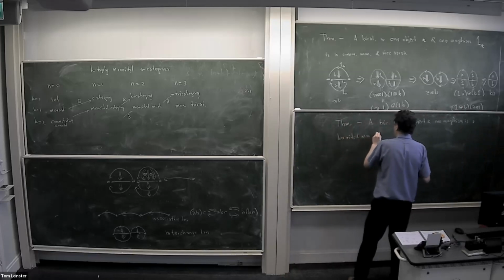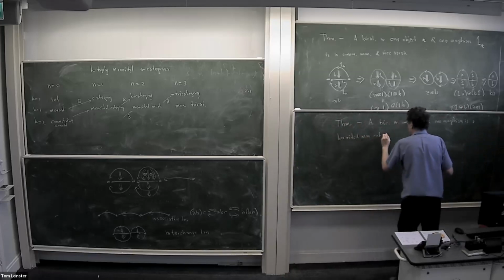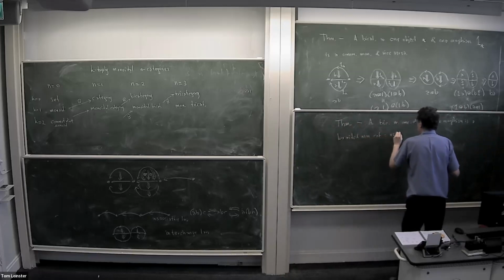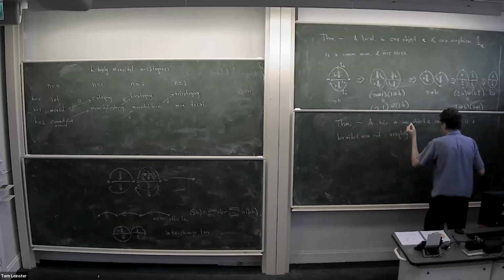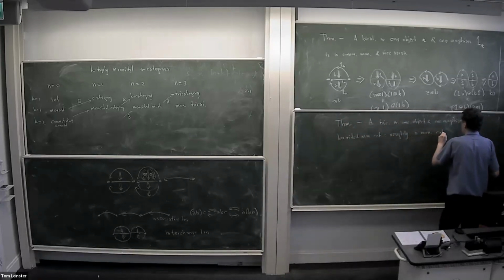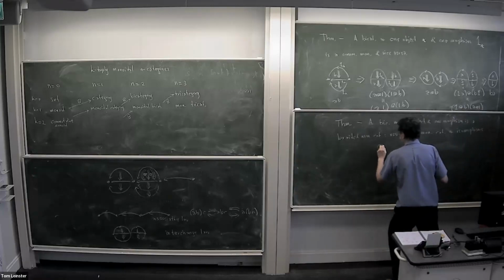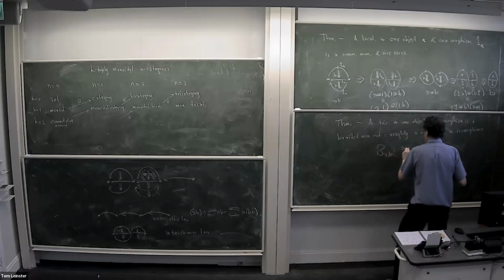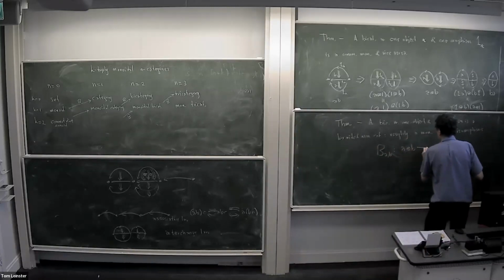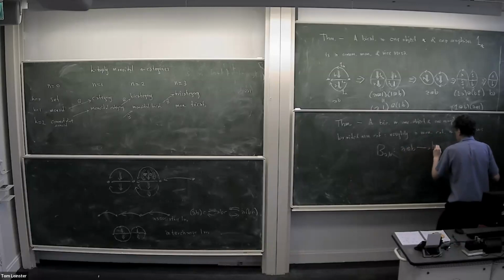And I won't give you the whole definition of that, but roughly, for starters, it's a monoidal category with these isomorphisms called the braidings, B for braiding, from A tensor B to B tensor A for any pair of objects.